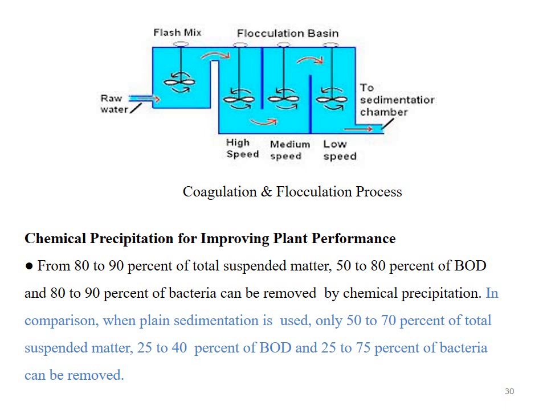In comparison, when plain sedimentation is used, only 50 to 70% of the total suspended matter, 25 to 40% of BOD, and 25 to 75% of bacteria can be removed.